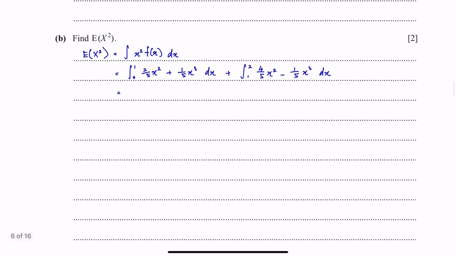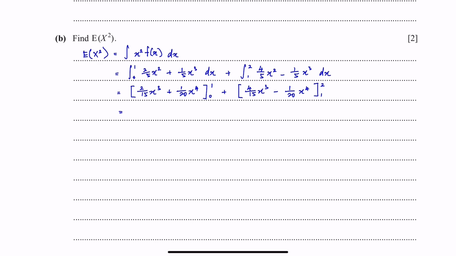So now we have 2/15 x cubed plus 1/20 x to the 4 from 0 to 1 plus 4/15 x cubed minus 1/20 x to the 4, 1 to 2.